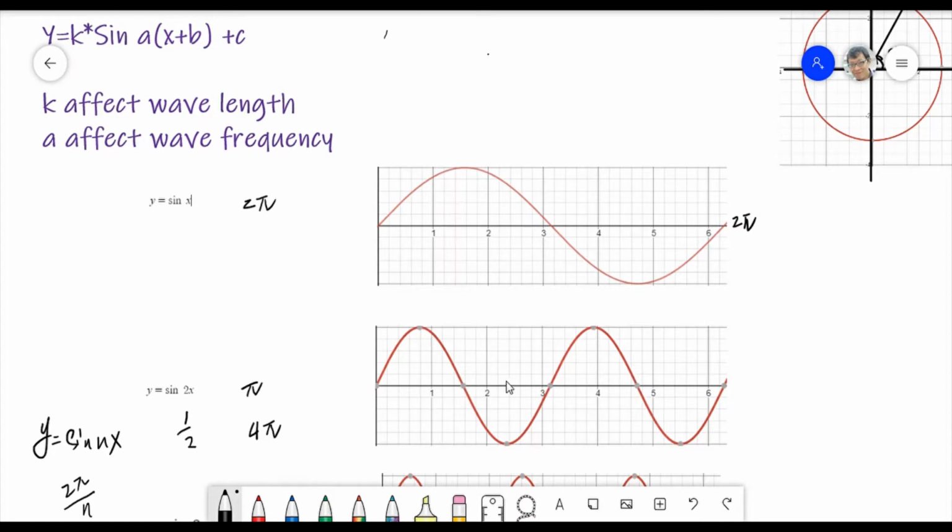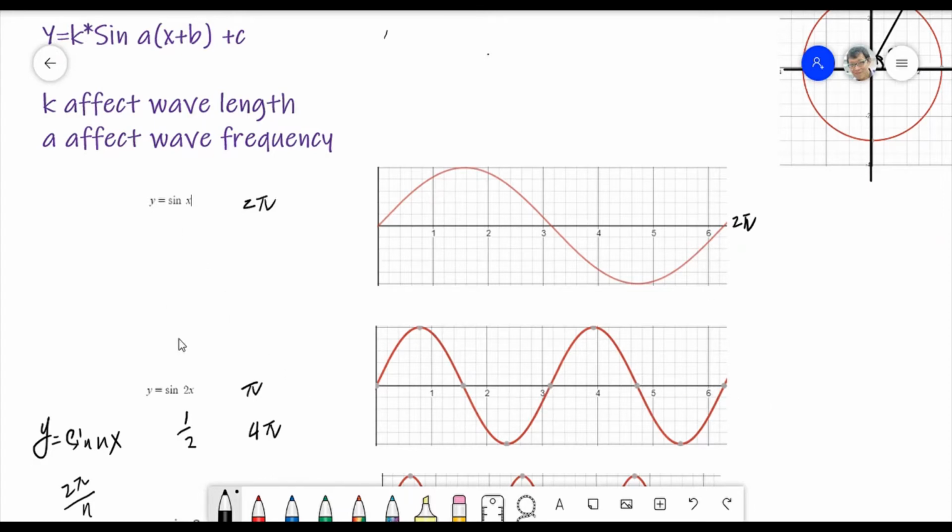We can see when a equals 2, their frequency is not 2 pi anymore, right? One frequency will be 1 pi. So 2 pi will be 2 frequencies.